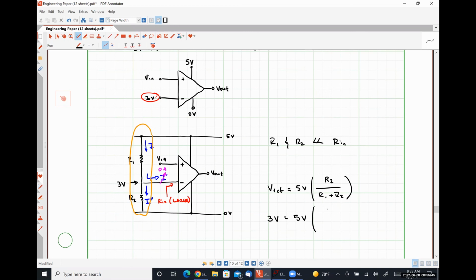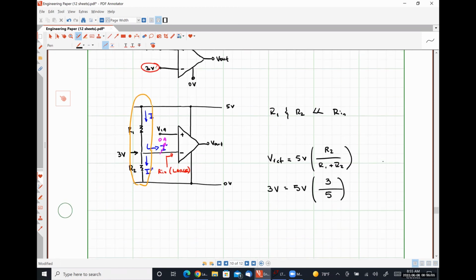We need this bit right here to be 3, and this bit down here to be 5. So if we chose R2 is equal to 3 kiloohms and R1 is equal to 2 kiloohms, we satisfy all of our design constraints.